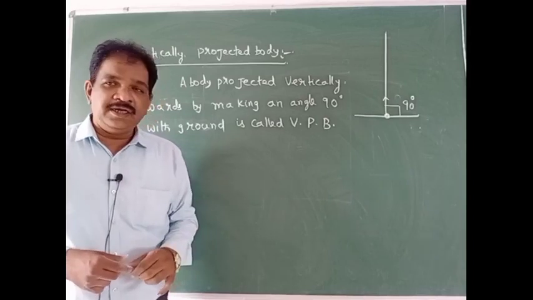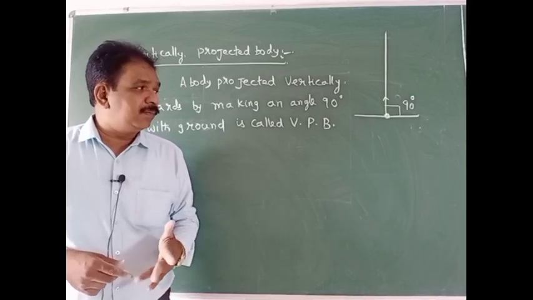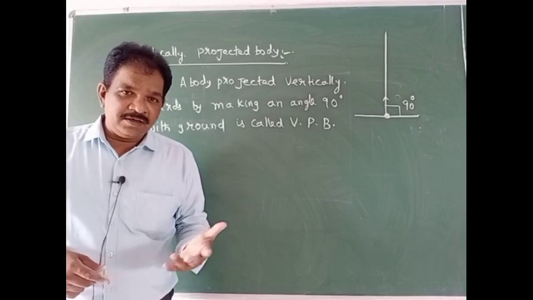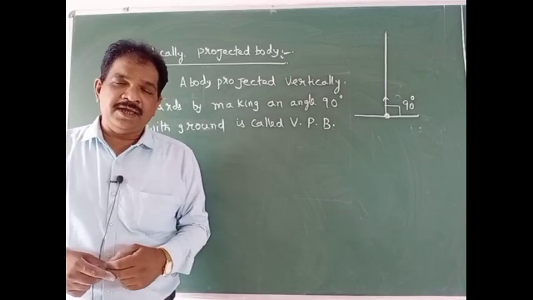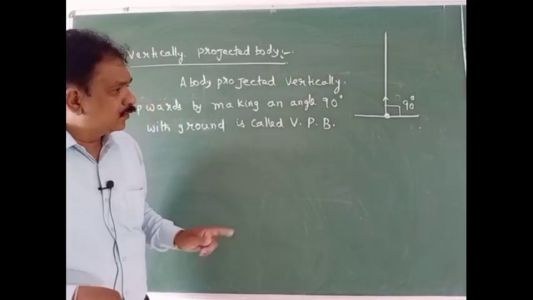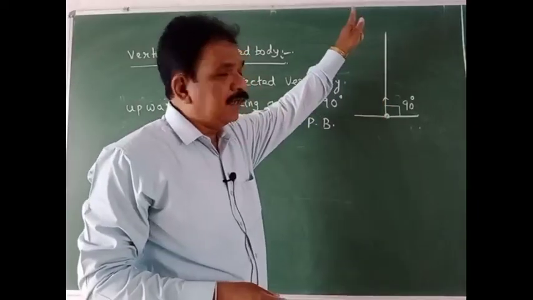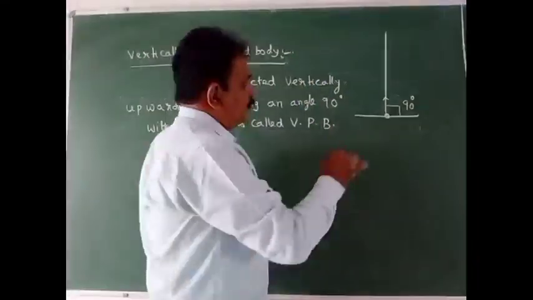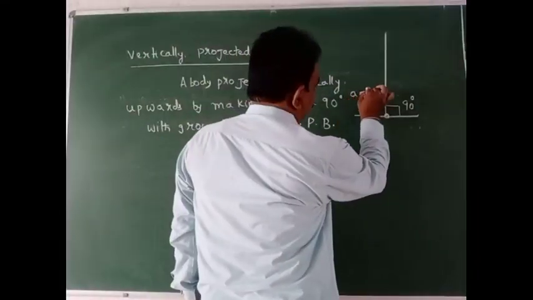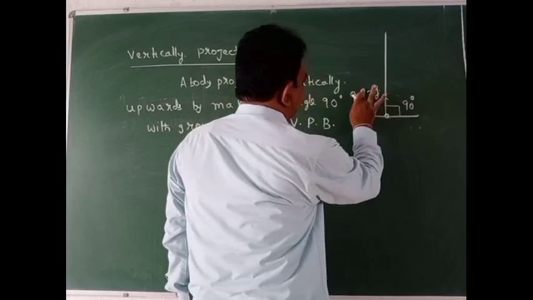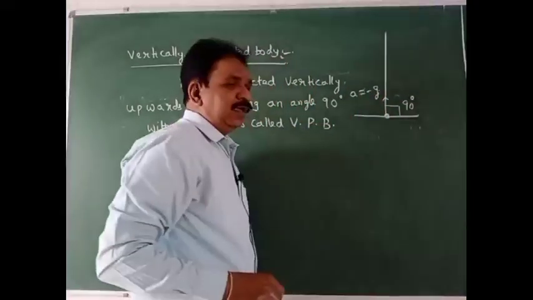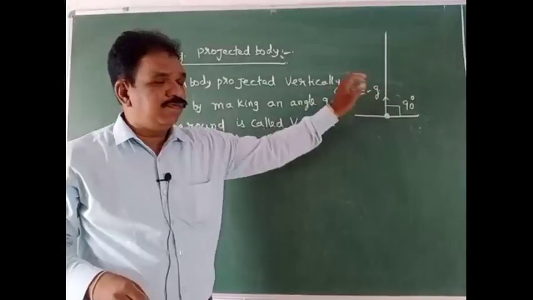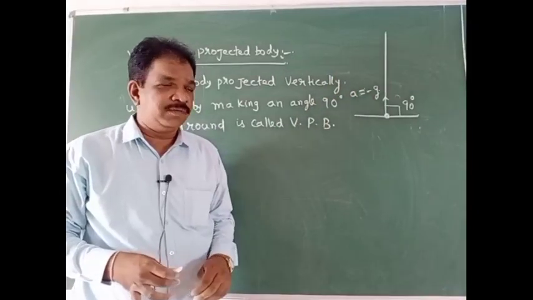Now, for a vertically projected body, write the equations of motion. Like that they will ask. Here the body is going upward, so the A value will be equal to minus G. A is equal to minus G for a vertically projected body.